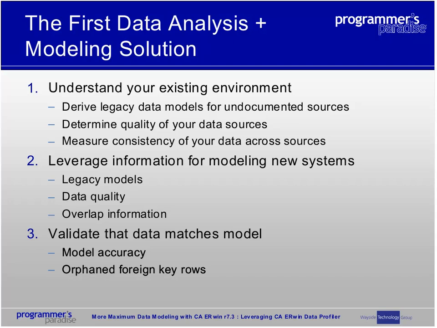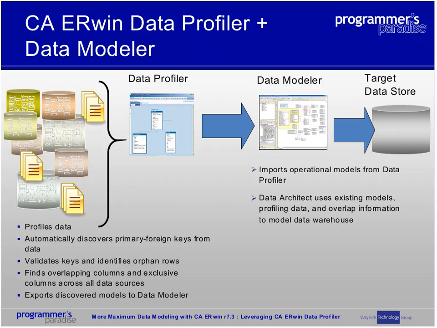You could also go in and look at your ERwin data as you work with it. Now, data profiler and data modeler, how does that work together? As you profile your data, you first select your data sources, and select the tables that you want to pull in. You also have a choice of looking at a sample set.